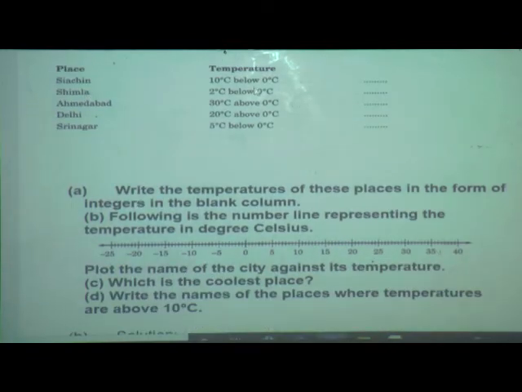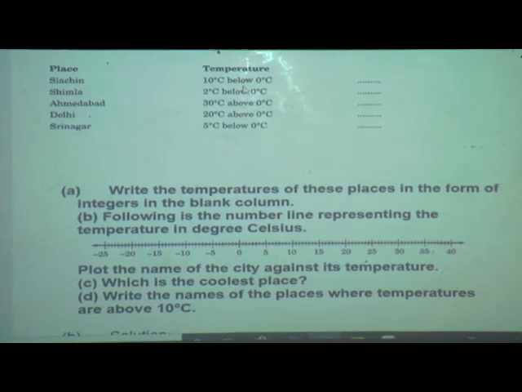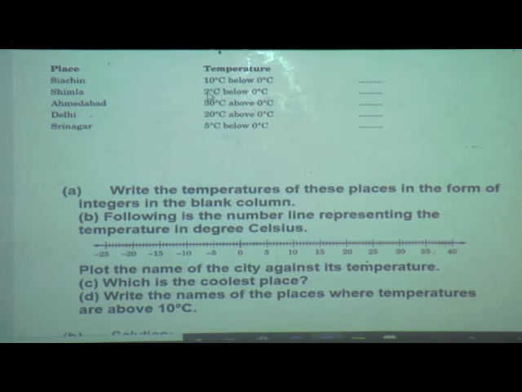Siachen has 10 degrees below 0 degrees centigrade. Okay, below, it means which sign will come here? Yes, minus 10 degrees centigrade. For Shimla, we have 2 degrees centigrade below 0 degrees centigrade. So below 0 degrees means minus 2 degrees centigrade.